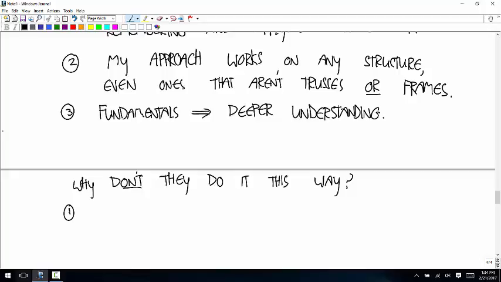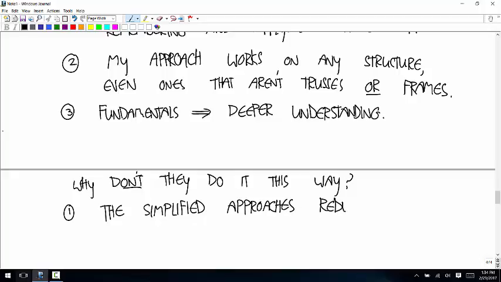Yeah, exactly. The simplified approaches cut down the number of equations, sometimes by a lot.